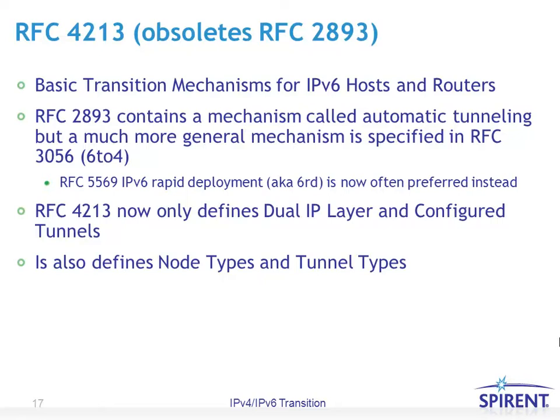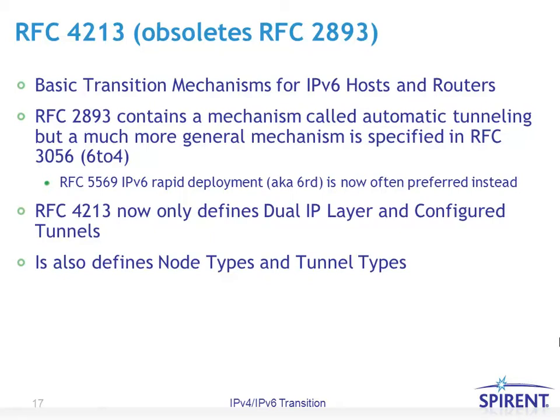RFC 2893 was the main standard that defined transition mechanisms for IPv6 hosts and routers that has subsequently been obsoleted by RFC 4213. One of the things obsoleted was this concept of automatic tunneling. RFC 2893 had a concept of that, but a more general mechanism was written, RFC 3056, which defined the 6to4 mechanism.